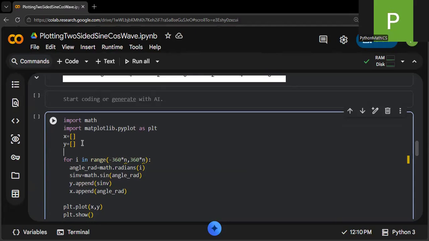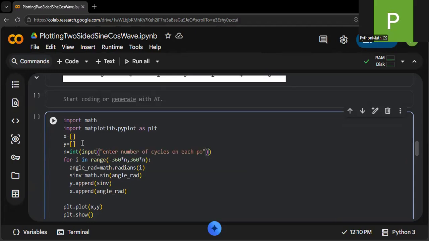So you just say n equals int, and then you write input, and then you just write enter number of cycles on each positive and negative side, right?